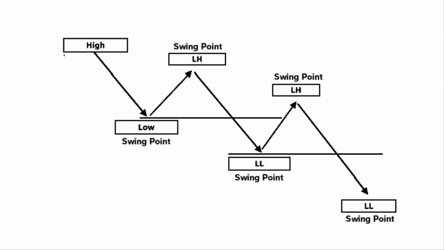If we look at the bearish market structure setup, we have our swing high, the high point here. We have our swing low, the low point here. We are rebounding up, making our lower high and a new swing point, and breaking down, taking out this low and making this our new swing low.